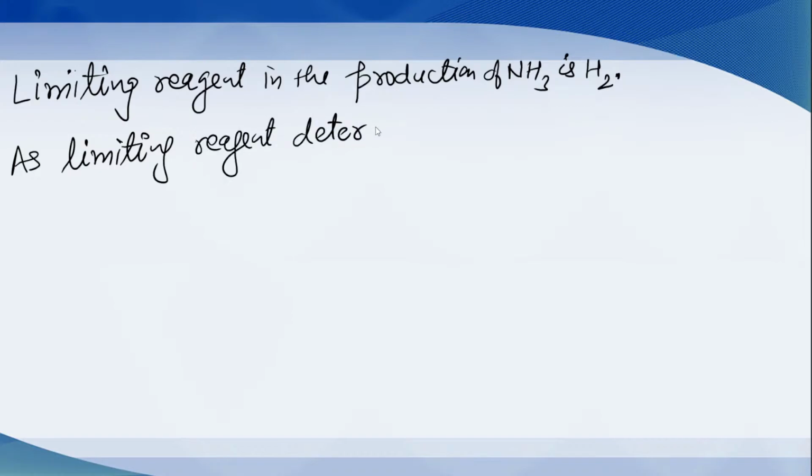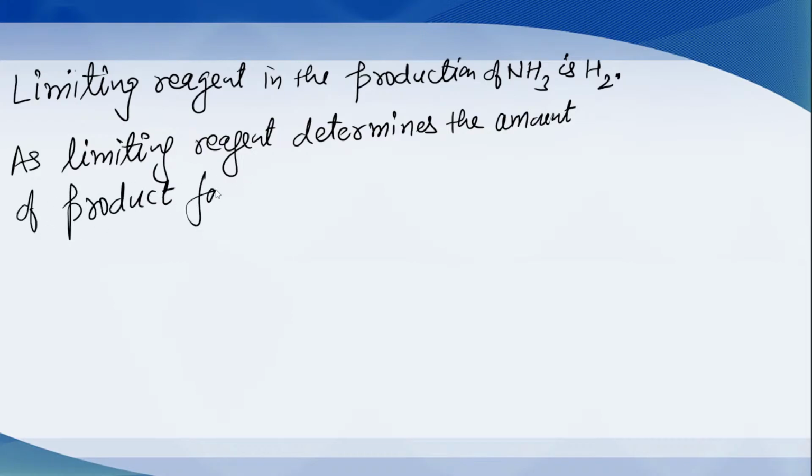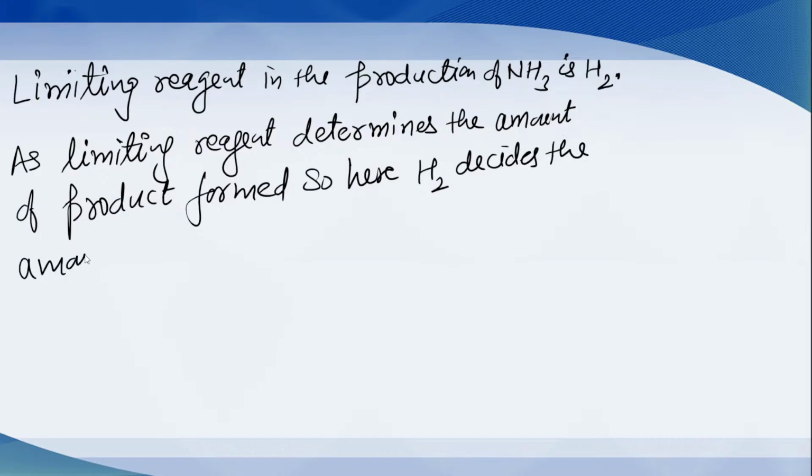A limiting reagent determines the amount of product formed, so here hydrogen decides the amount of ammonia produced.